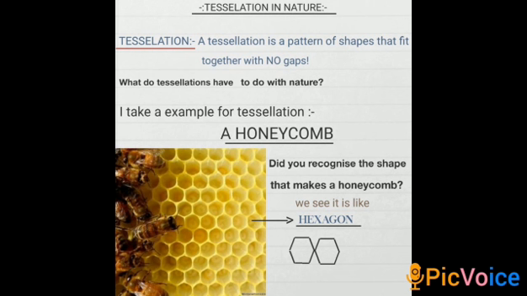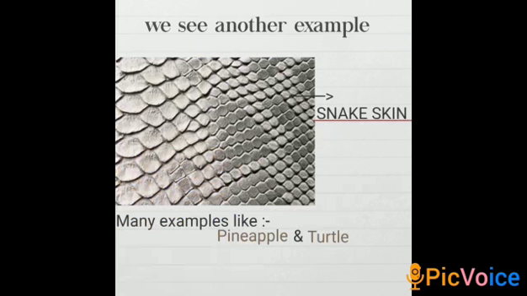You see the above sentence: a tessellation is a pattern of shapes that fit together with no gaps. You see this honeycomb, the hexagon shapes fit together with no gaps. I take another example for tessellation, the snake skin.